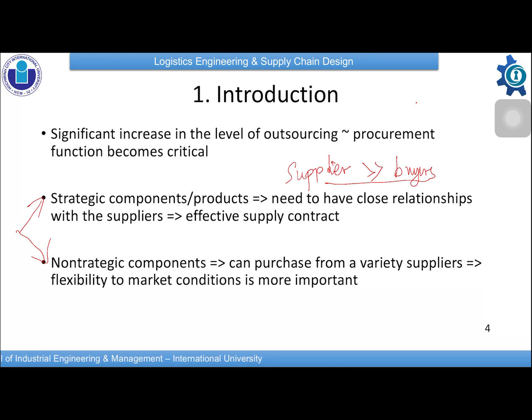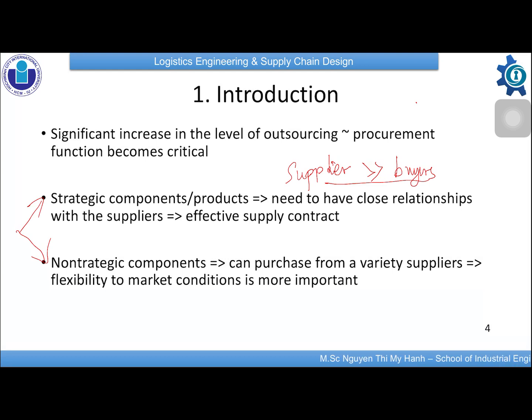So that's why we need to have close relationships with the suppliers, so that we can make sure the company always has enough materials and products to satisfy customer demand. That's why an effective supply contract is really important for strategic components.